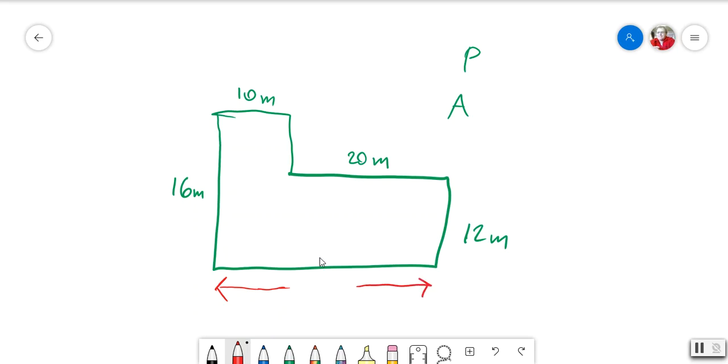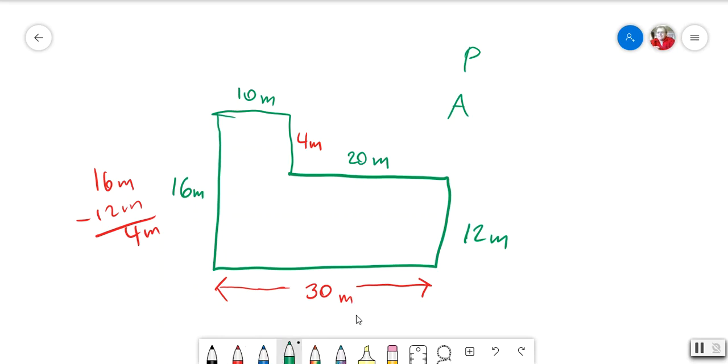So 20, shorter part, plus 10, that has to be 30 meters. Not hard to figure out. Same way here. This whole distance has to be the same as this 12 meters plus whatever's left. So 16 meters minus 12 meters is 4 meters. Now I have all my information.